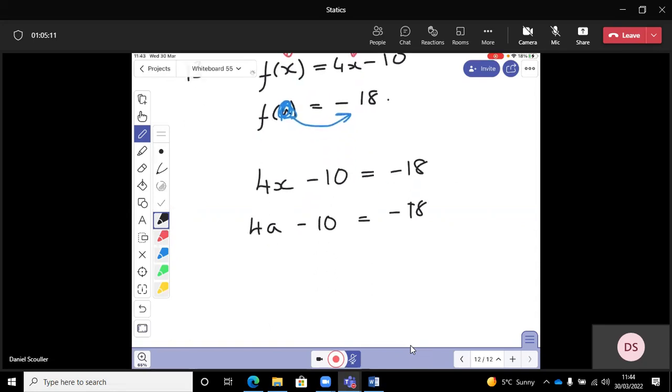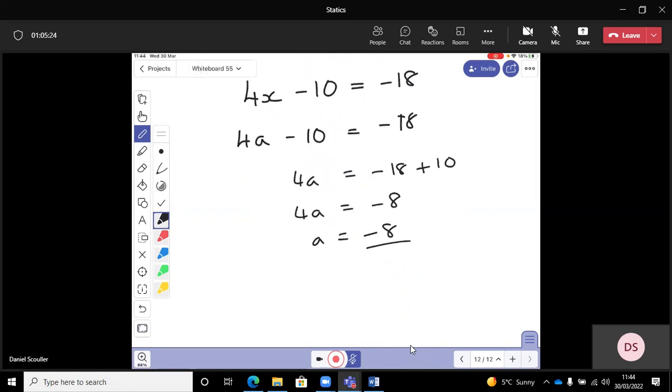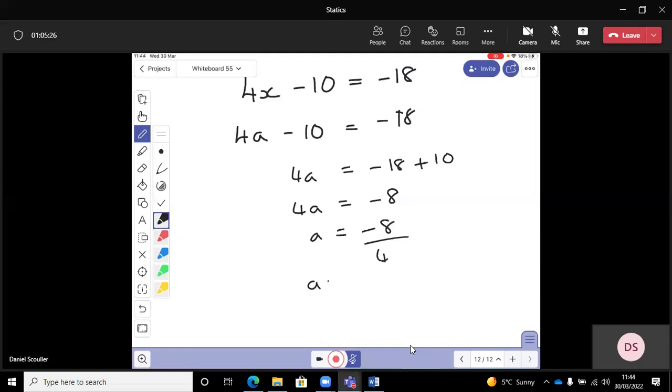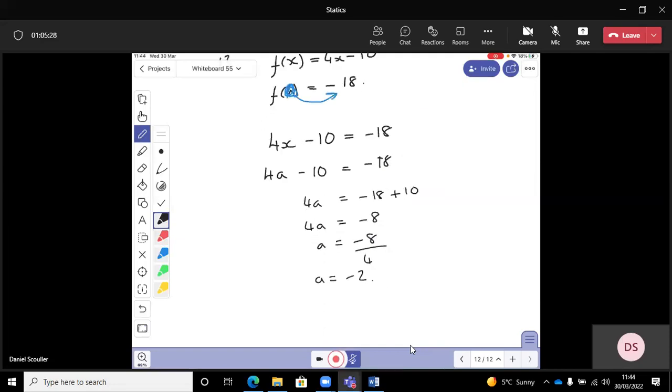So just going through that then, 4a equals negative 18 plus 10, 4a equals negative 8, a equals negative 8 over 4, a is equal to negative 2.